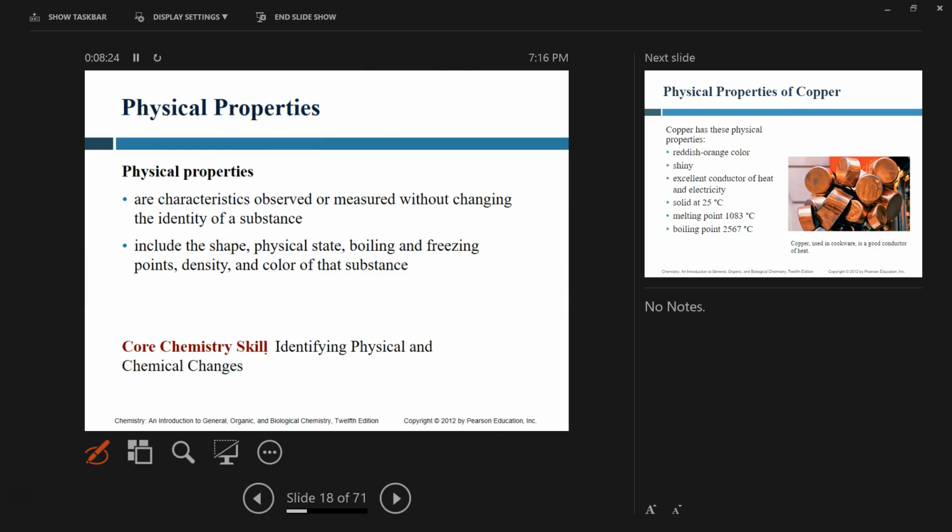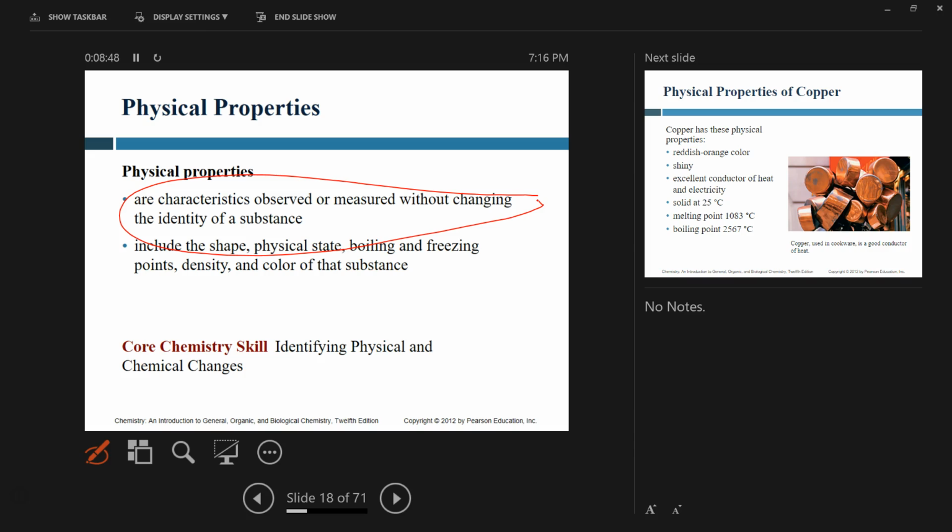You good? Okay. Now, what's the difference between physical and chemical properties? Physical properties are the characteristics that belong to the substance and can change without the substance changing. Very complicated, much simpler to explain.